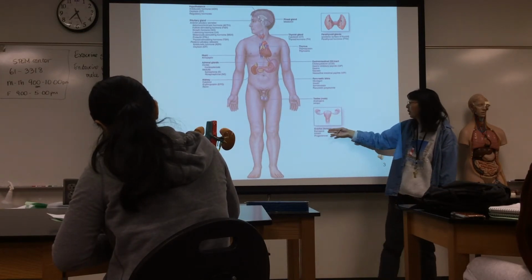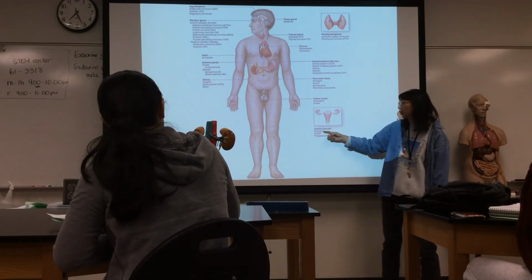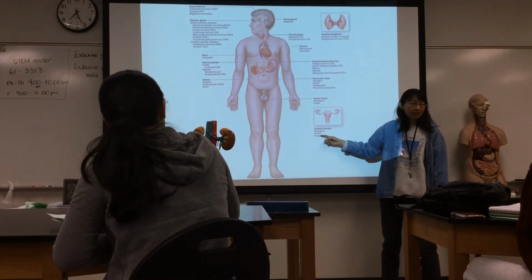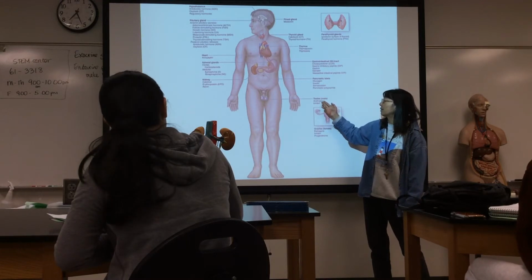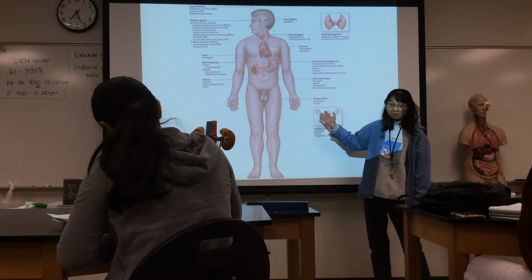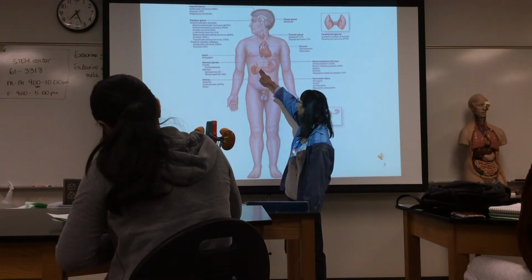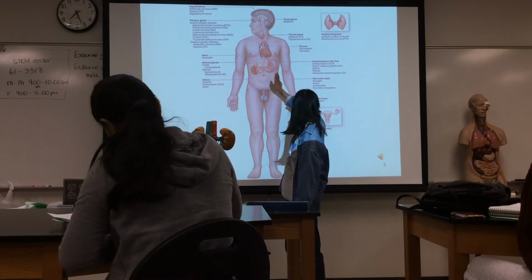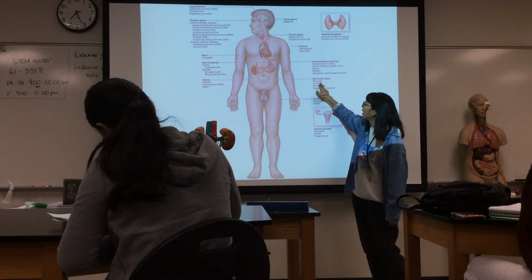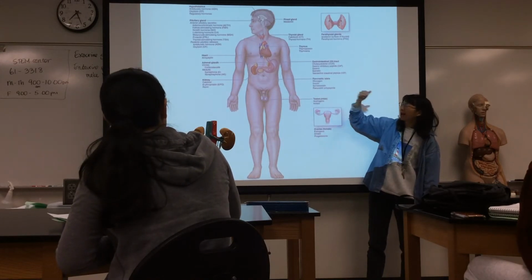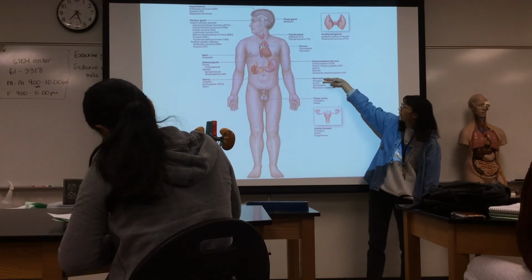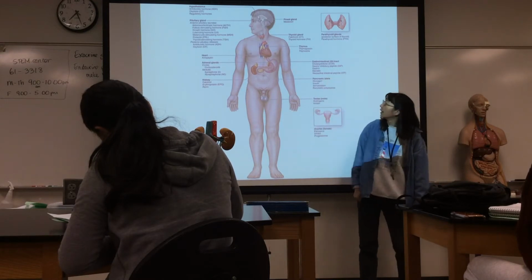Obviously, we talked about the ovary making estrogen and progesterone last time. A lot of you guys already know testes makes testosterone, right? And pancreas here, we just talked about making insulin and glucagon. The other hormones are not as popular. The two biggies are the first two.